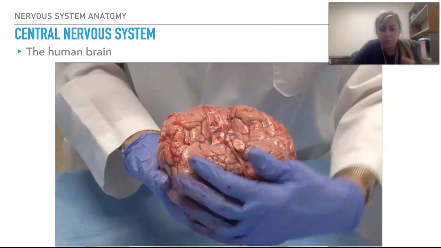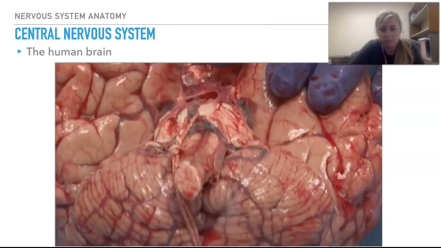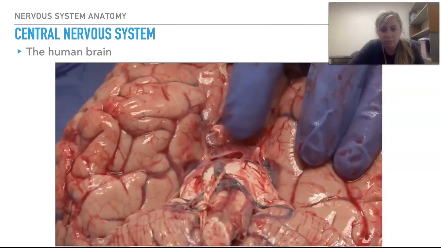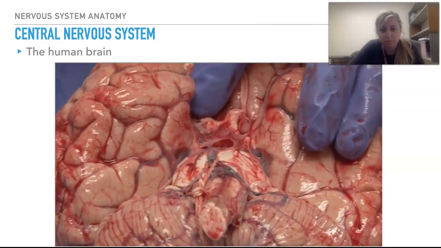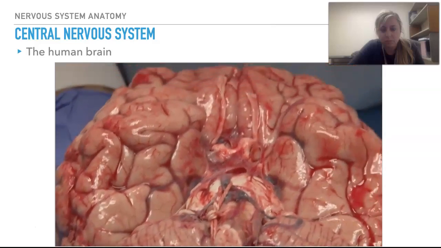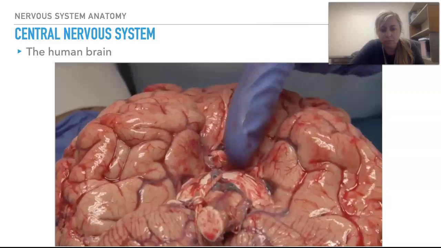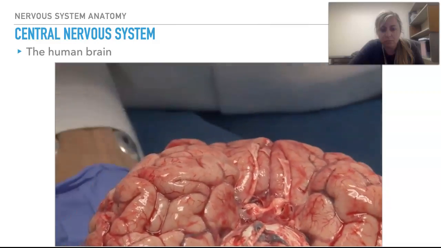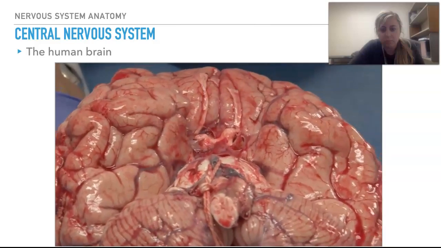The cerebellum is easily seen, the medulla, the pons. Here you can see the arachnoid spanning across the space here at the base of the brain. The optic nerves are very obvious, as are the olfactory nerves. Here are our temporal lobes, and here is the uncus on either side. The uncus, remember, is the most mesial part of the temporal lobe.